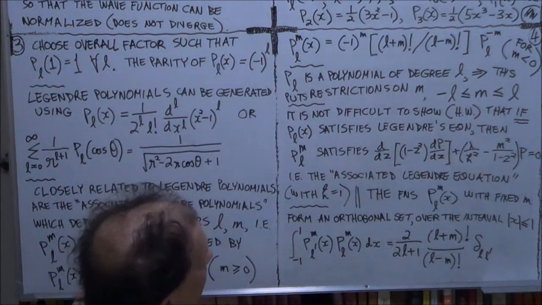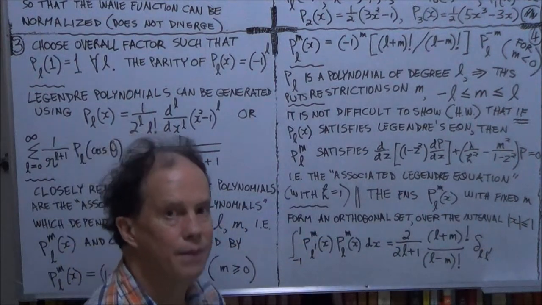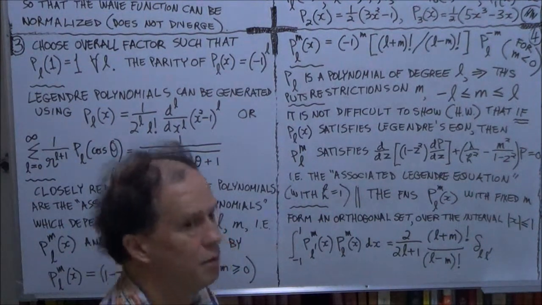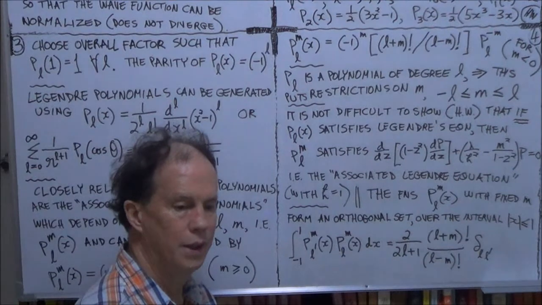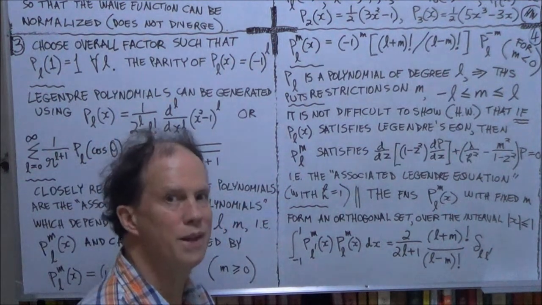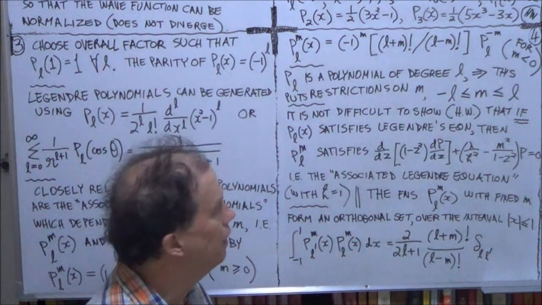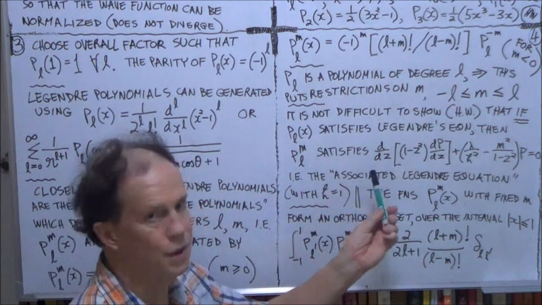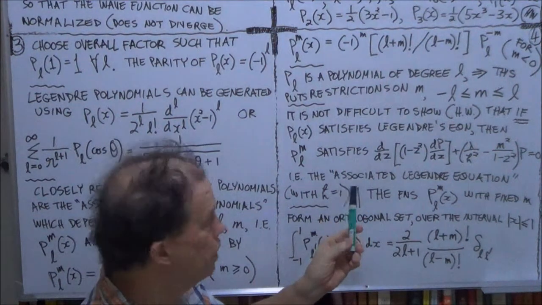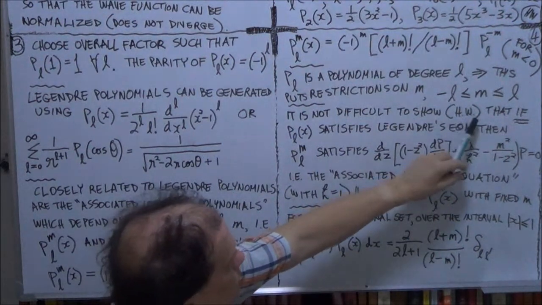Now we come to a critical moment in angular momentum theory, because somebody, I guess, where would it have been? 1920s, 1930s, I guess. Somebody must have made the momentous discovery that angular momentum theory, quantum mechanics, links up with the associated Legendre polynomial and associated Legendre equation. So I've asked you to do this as homework.